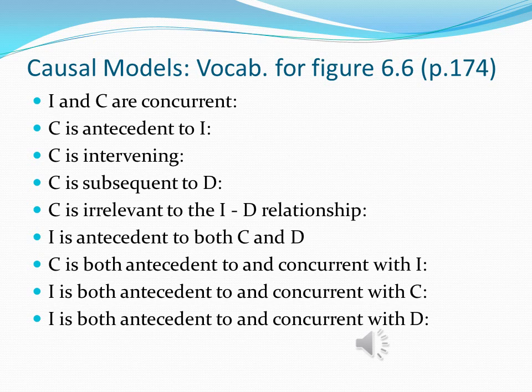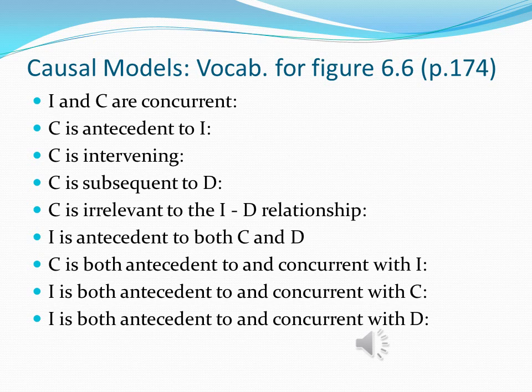So the C is the antecedent for the I, and the I is intervening to D, while at the same time the C goes directly to the D. You see that on there.